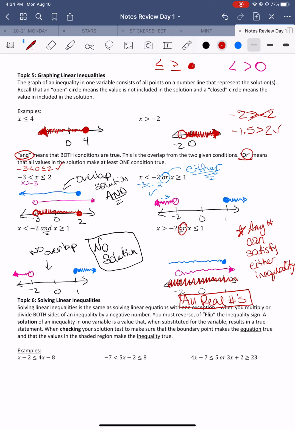Any number would make these statements true. Now, how can we shorten all real numbers? I don't know if you guys have seen this, but there is a symbol for all real numbers. It's like the paragraph symbol in Microsoft Word whenever you're working on a document and you see the paragraph symbol, except it's an R. That is how we define all real numbers.